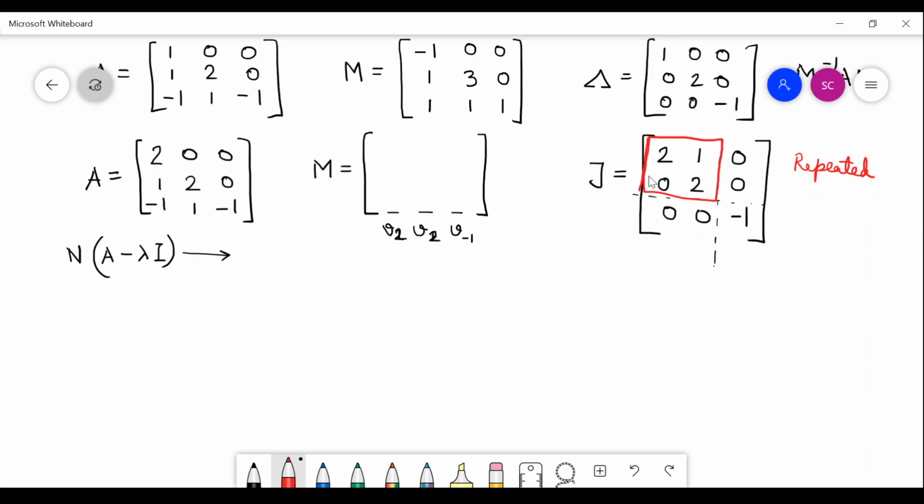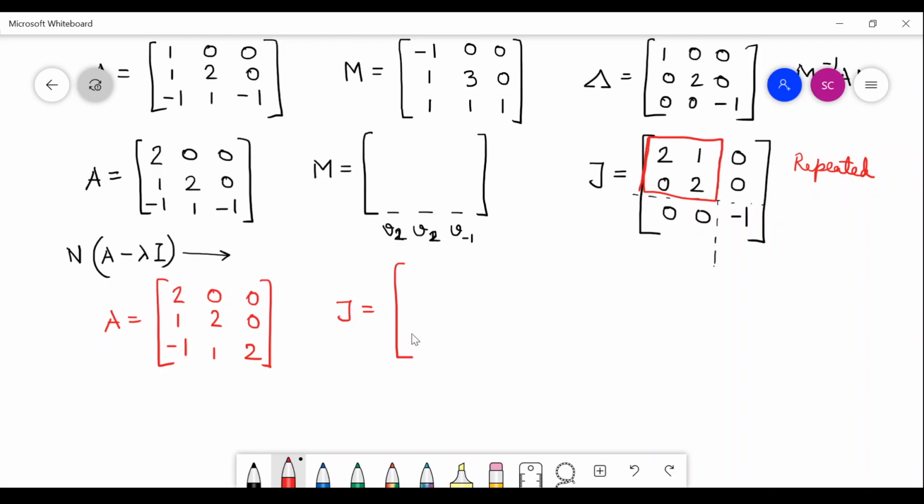Suppose I change my A matrix a bit. Suppose I choose another A: 2, 1, minus 1, 0, 2, 1 and 0, 0, 2. So all three eigenvalues are the same.